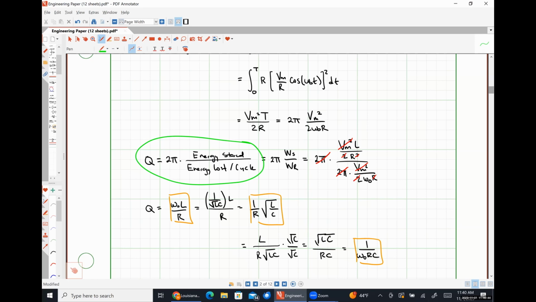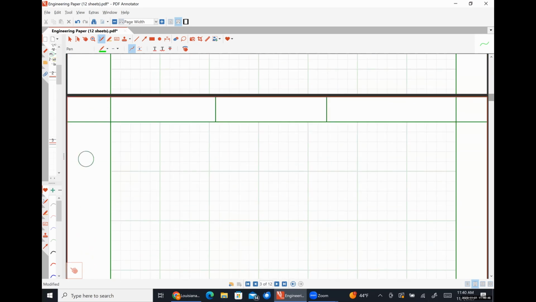So anyway, let's say that we have the following system. Here is our input signal, just a phasor voltage. Here is our inductance.